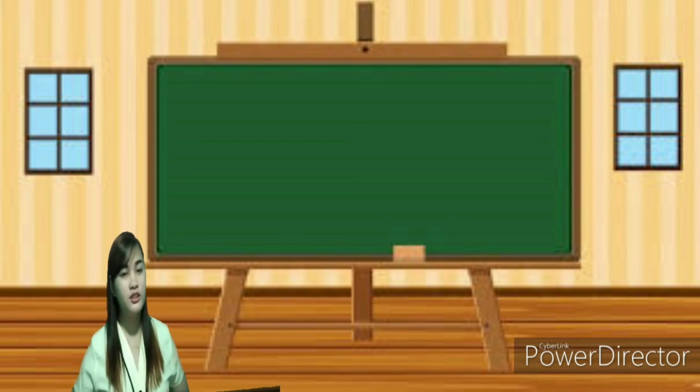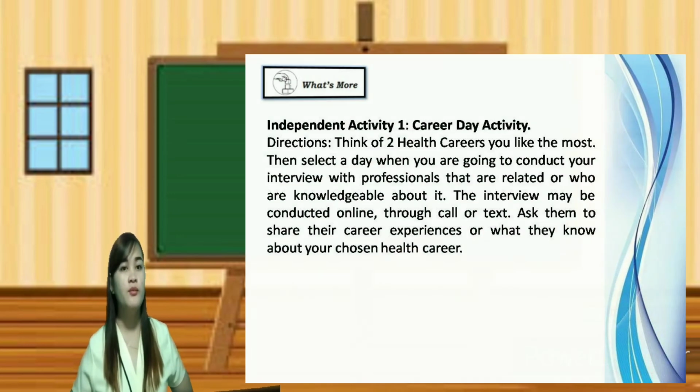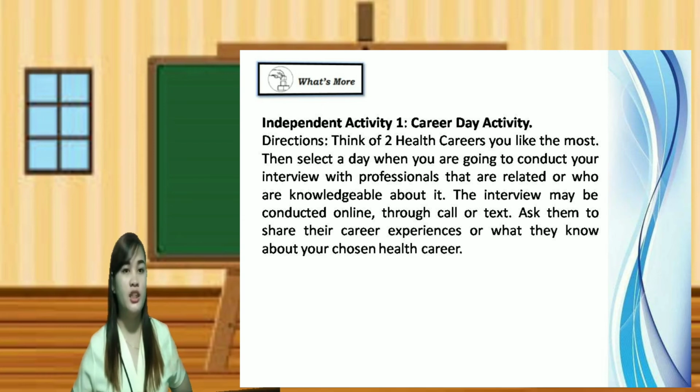Let's proceed to answer the different activities under What's More. Start with independent activity number 1, career day activity. Directions. Think of 2 health careers you like the most.